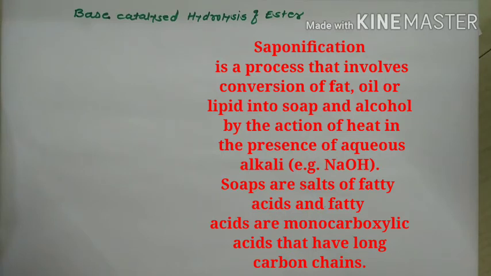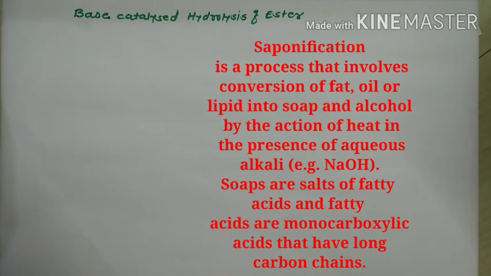It is not reversible. For example, oil or fat is an ester of glycerol with long chain fatty acids. By alkaline hydrolysis, it gives the sodium salt of fatty acids, also known as soap, and glycerol.